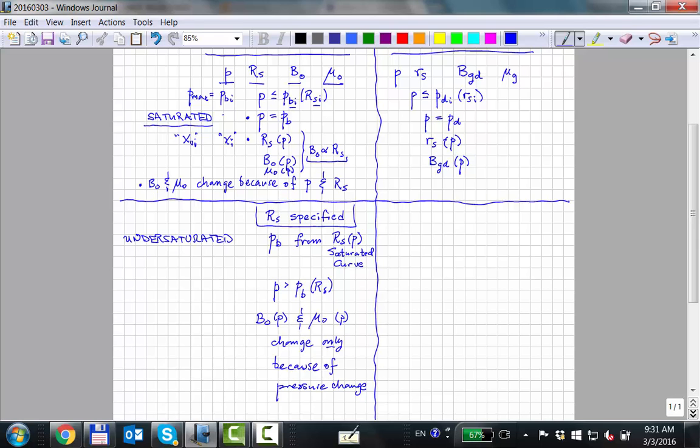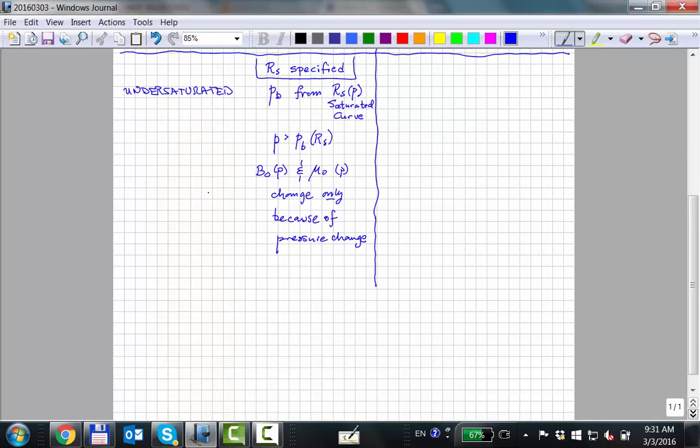To get the mass density, we gave this equation here. We talked about this was the last thing. That's equal to the surface oil density plus the surface gas density.